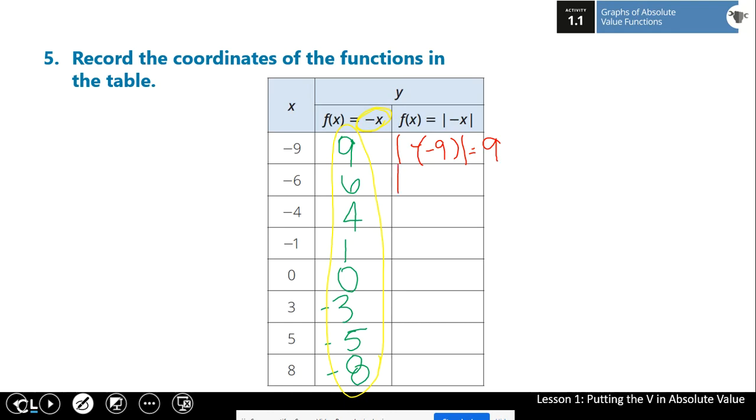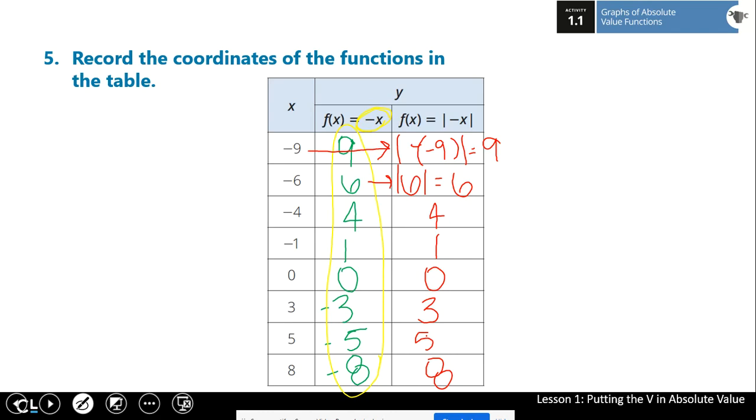Or if you did it down here, you would take the absolute value of 6, which would be 6. So that one's from there, and that one's from all the way across there. So this one will be +4, +1, 0, +3, +5, and +8.